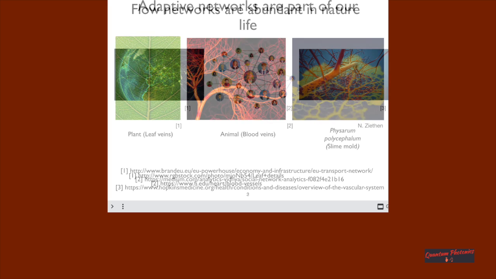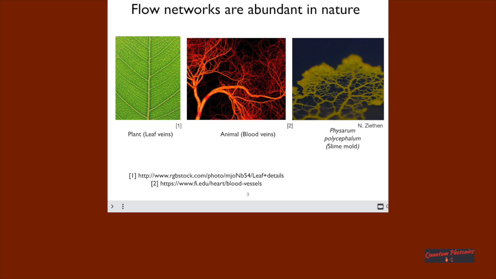If you go to the third slide, the next slide, I introduced the different kinds of flow networks that are observed all over nature. Because flow networks are very common and very abundant in nature. They're not just part of our blood veins, they're also seen in plants as water vasculatures.